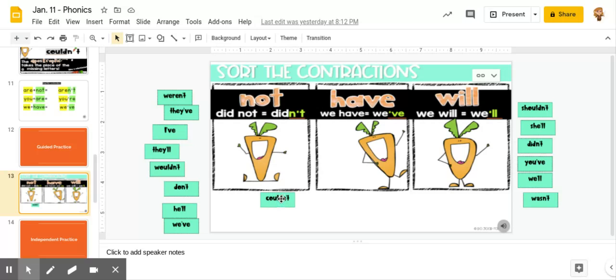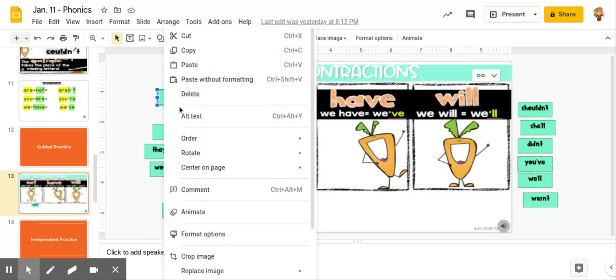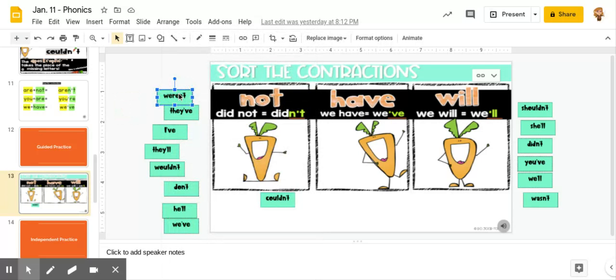So this one is couldn't, so it goes in the not group. This word is weren't, so that goes in the not group. They've, that goes in the have group, and we know that because it has the VE at the end.